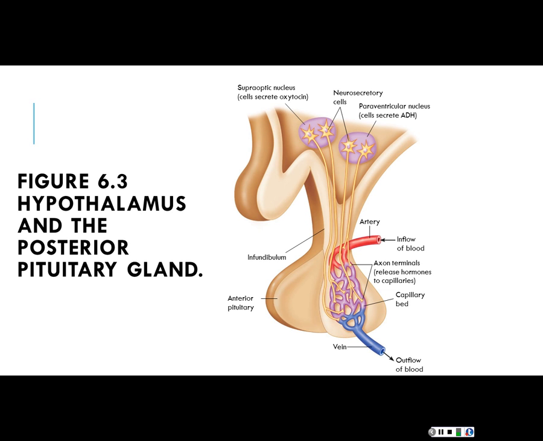Then notice what's down here in the posterior pituitary. The terminals, which we know store and release neurotransmitter. These are going into the circulatory system, the capillaries. So the posterior pituitary just does what?